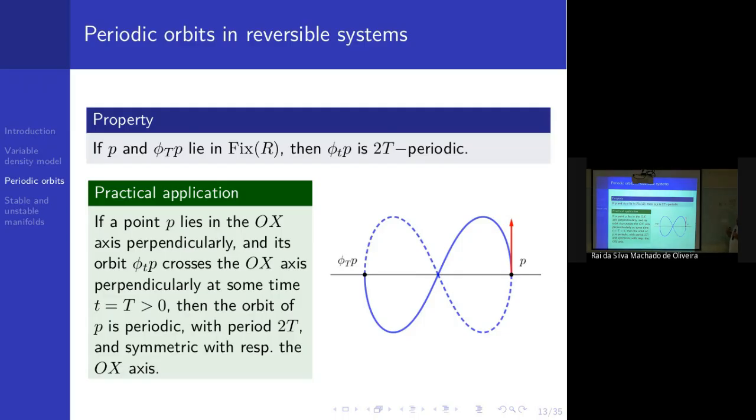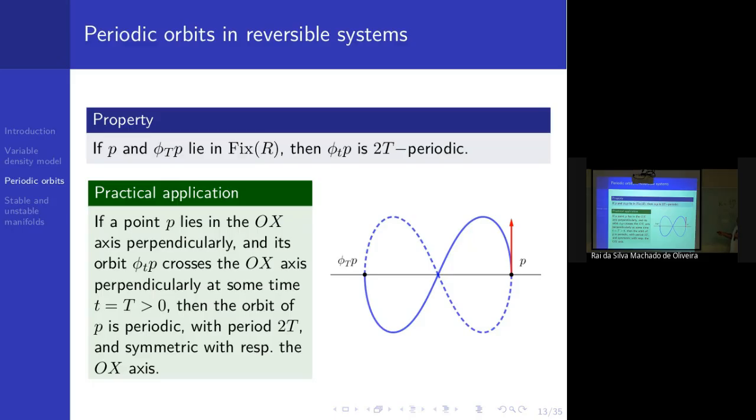In our problem, since we have a particular symmetry, which is reflecting the y-axis and the velocity in the x-axis, this means that if we start perpendicularly to the x-axis, whenever we cross the x-axis perpendicularly again, we have a periodic orbit.